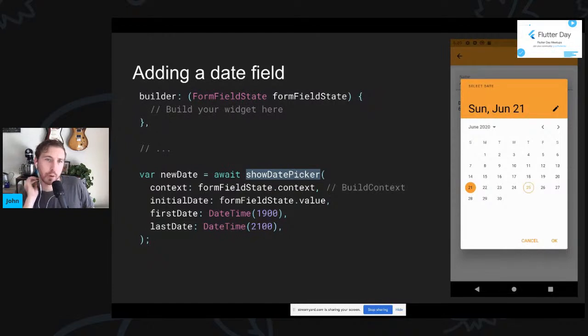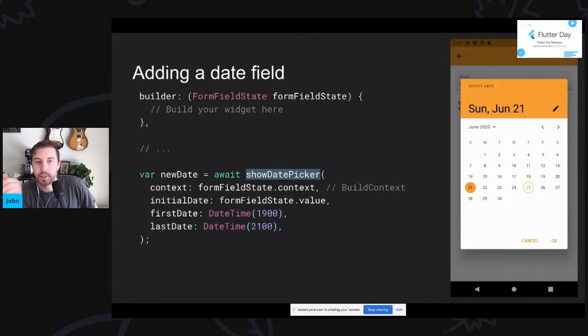So in the builder widget, we're going to add some widgets here to display the date and have them able to tap it. But the important thing is that I want the user to see a date picker when they tap on it. And I want, when they close the date picker, to show that on the form. So how do I do that? Flutter has a method called show date picker, and you pass it the build context, and you pass in the initial date that you want selected, and you pass it a range, and it shows a date picker for you.